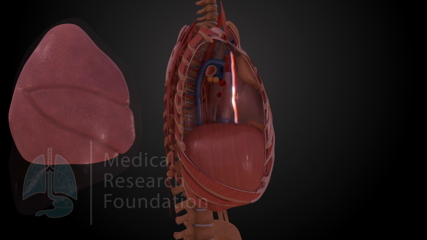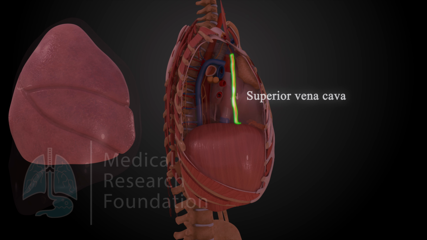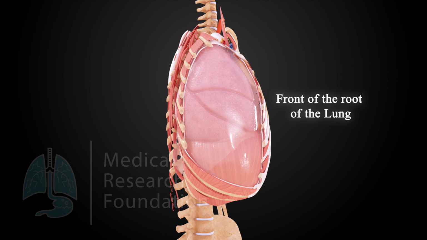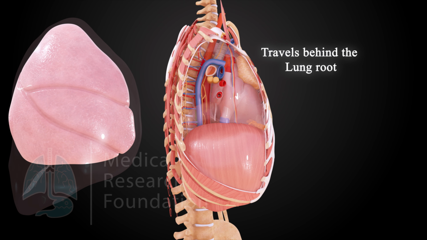The phrenic nerve runs to diaphragm, passing superficial to 3 venous structures from above downwards: superior vena cava, right atrium, and inferior vena cava. This course is in front of the root of the lung. The vagus nerve lies against the right side of the trachea and travels behind the lung root.